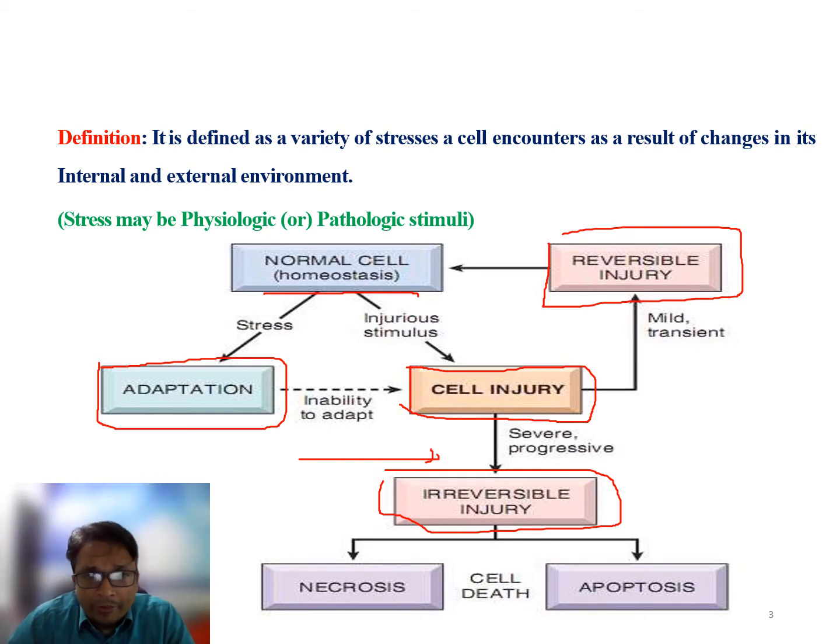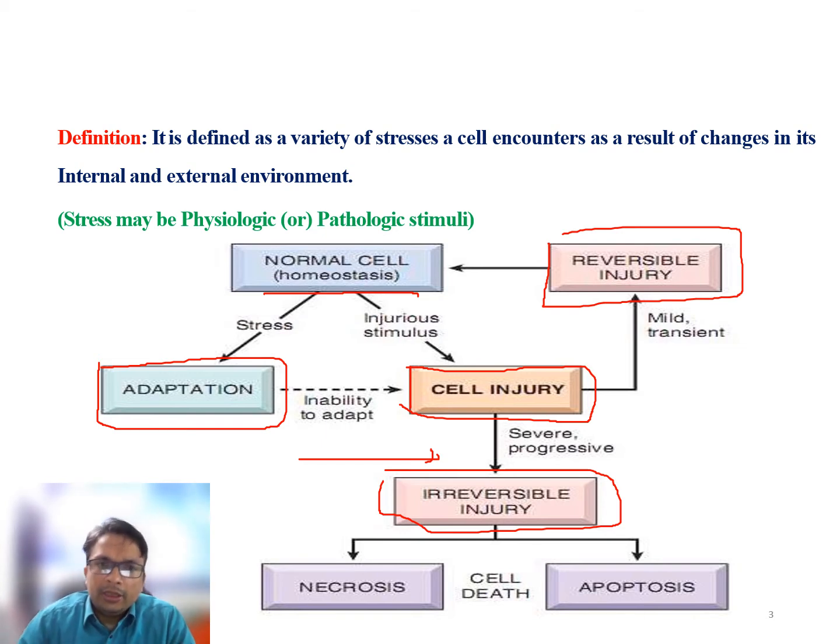If the cell injury that occurs is mild and transient, then after the healing process has been completed, you can observe that the cell can regain its position and the injury has been reversible, and that type of cellular injury is called a reversible cell injury.